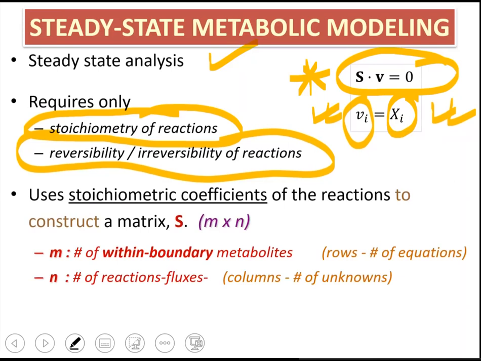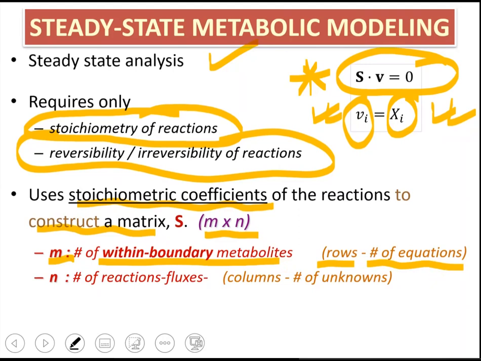So this approach uses stoichiometric coefficients of reactions to construct a matrix of m by n. M is the number of within boundary metabolites. It's also the number of rows. You can also call it the number of equations.